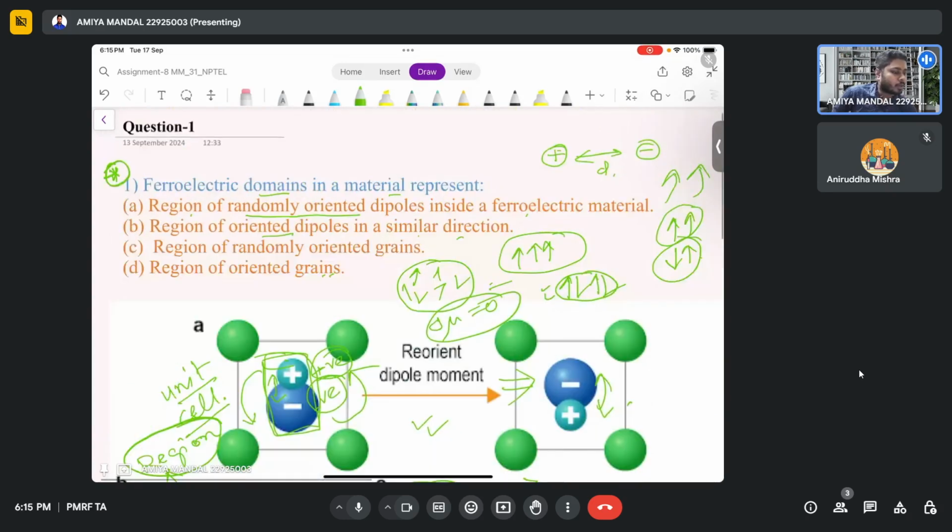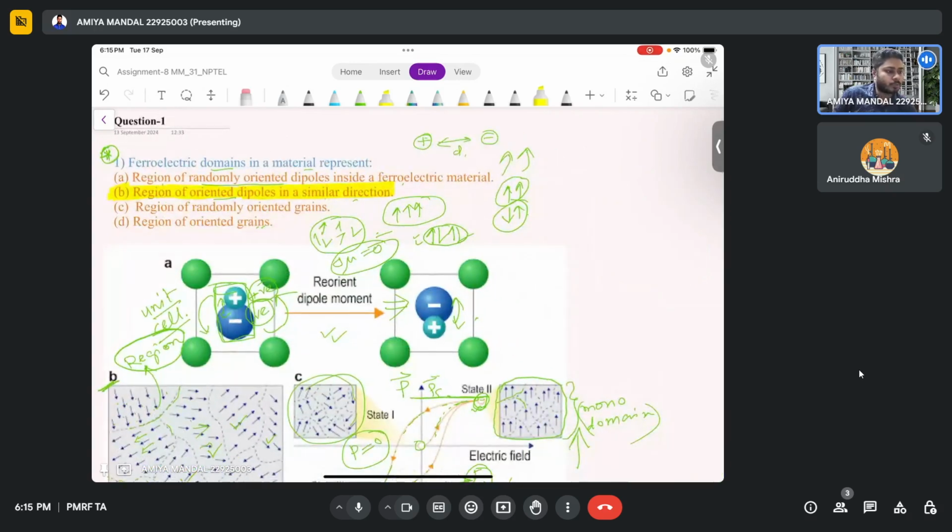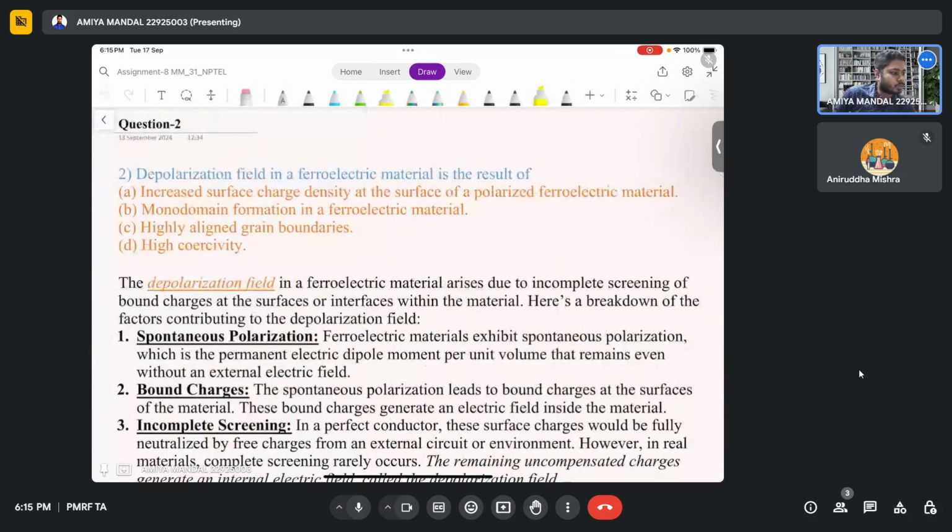What will be the answer for ferroelectric domains? This is the region of dipoles oriented in a similar direction. Okay, we can now move forward to question number 2.